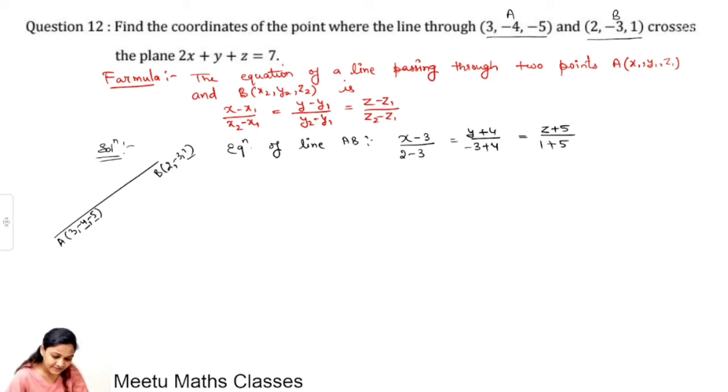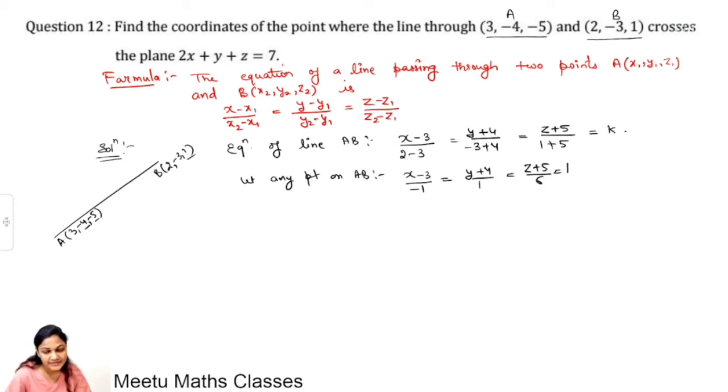If you equate this to a constant, then you get x minus 3 upon minus 1 is equal to y plus 4 upon 1 is equal to z plus 5 upon 6 is equal to k.